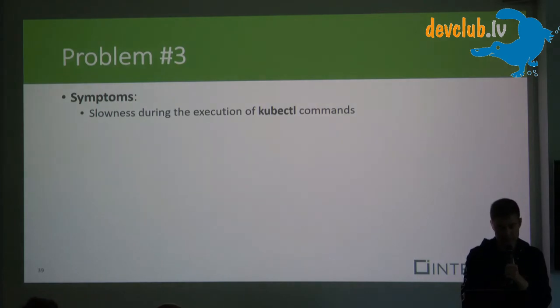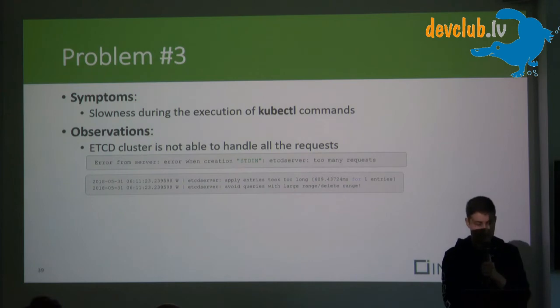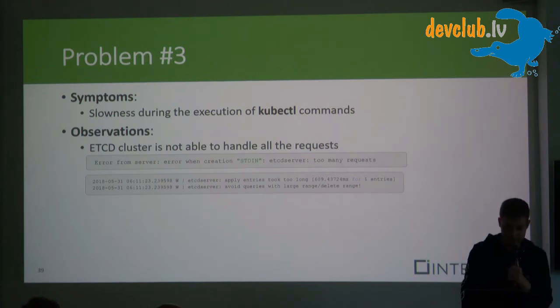Also, we were seeing that on occasion our kubectl commands were not being executed very fast. We saw that the etcd cluster was telling us that it wasn't able to process all the requests. It was screaming. We tried to tune the configurations of our etcd cluster, but it didn't help.